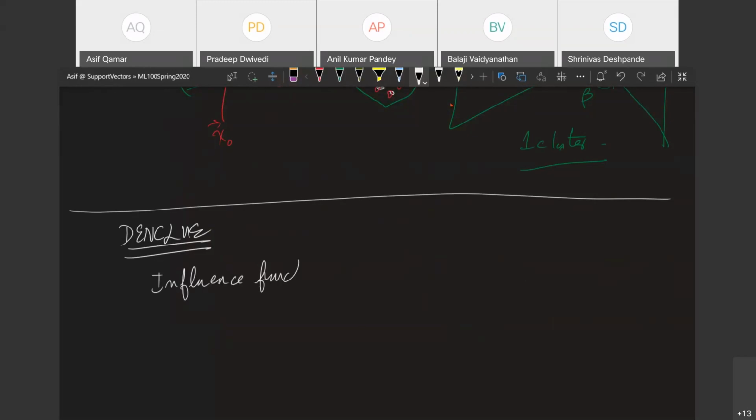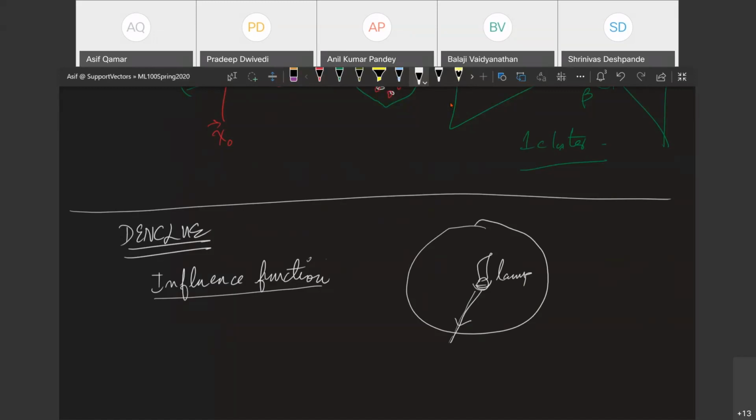What is an influence function? Think of it like this. Suppose you have a source of light, a little lamp. The lamp will shed light only up to a certain distance. As you go further and further away from the lamp, the light will keep decaying.